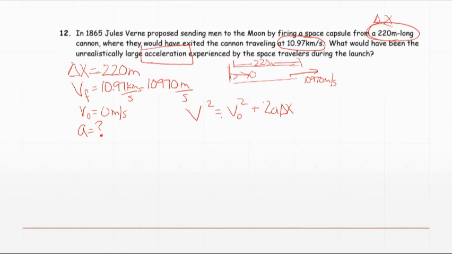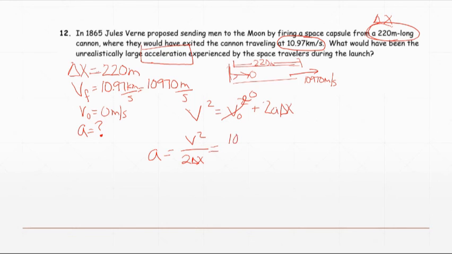Because my v initial squared is 0, I have v squared divided by 2 times change in x is equal to my acceleration. I always manipulate my equations first, manipulate my variables, and then I plug things in because I find that you make fewer mistakes that way.